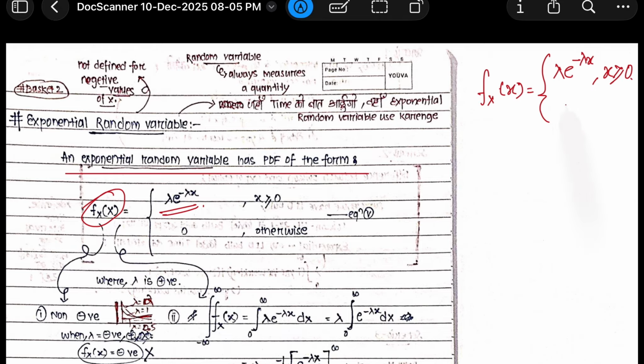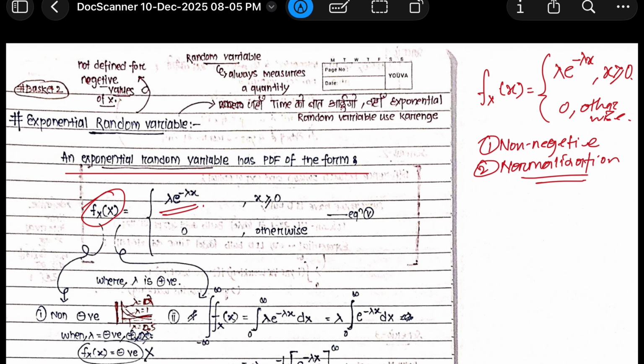This is the thing we must remember. Otherwise, it is 0. So now we'll prove the two properties. The first is the non-negativity property, and the second is the normalization property. You need to pause the video here and prove it by yourself, then continue.